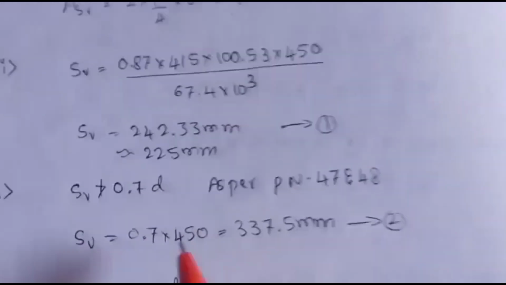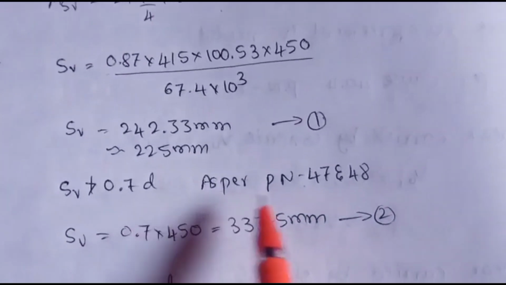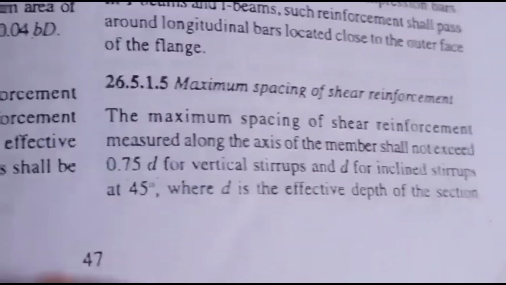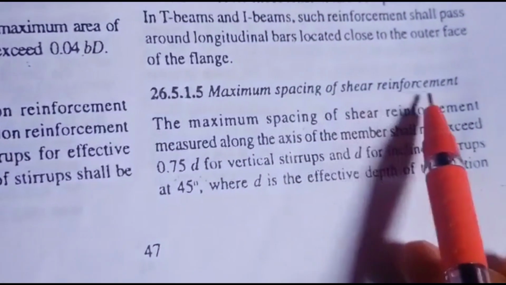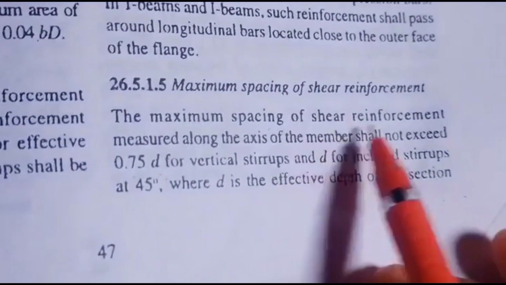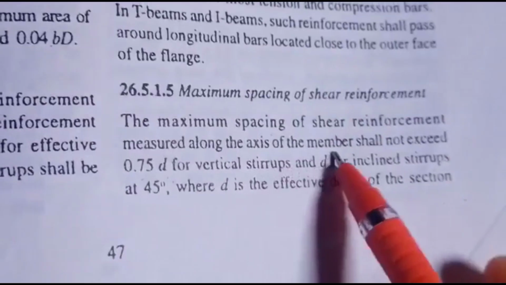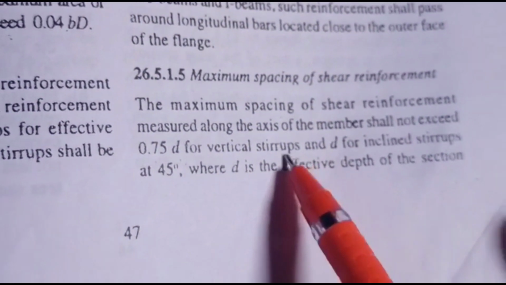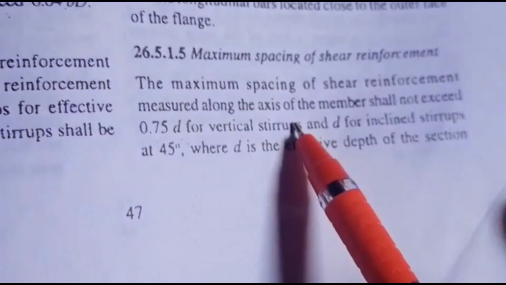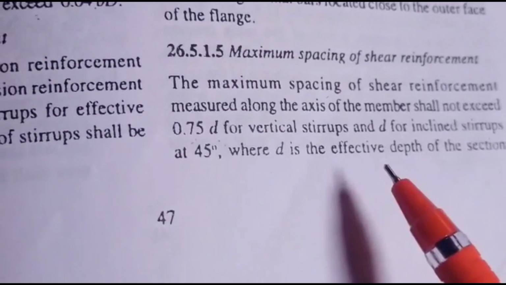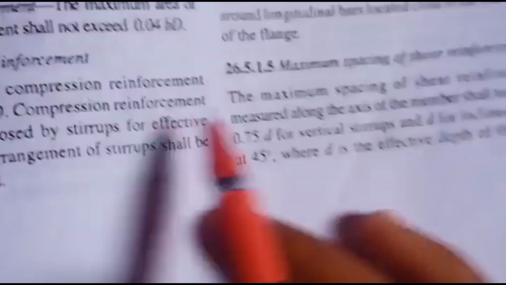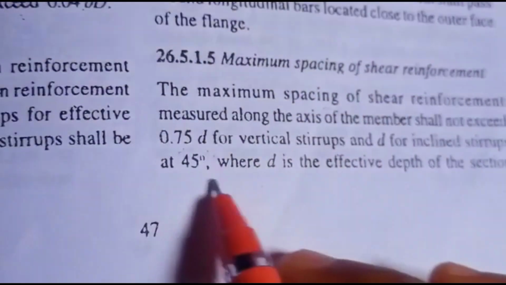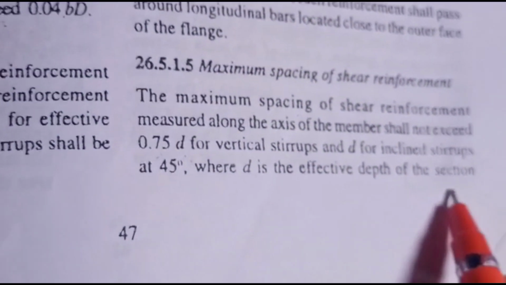After this, there is one more criterion they have given on page numbers 47 and 48. We'll see what they have said. So this is page number 47. The maximum spacing of shear reinforcement measured along the axis of the member shall not exceed 0.75 d for vertical stirrups, and d for inclined stirrups at 45 degrees, where d is the effective depth of the section.